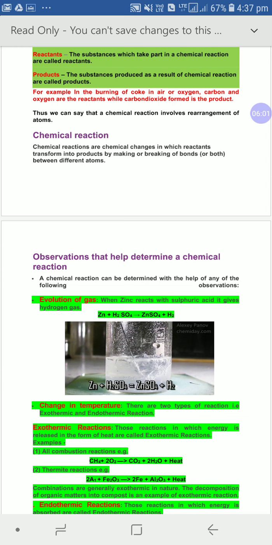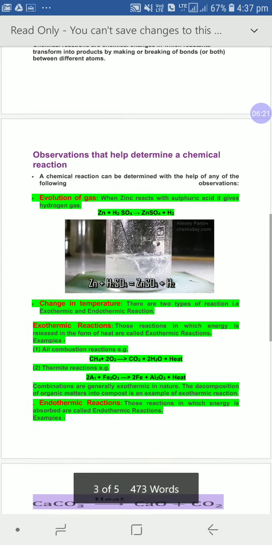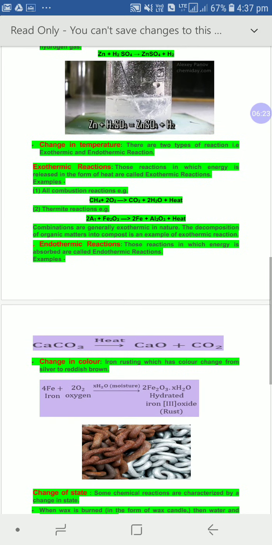On the other hand, we have studied the decomposition reaction. In a decomposition reaction, a single reactant breaks into two or more products, and in this heat is absorbed. So a decomposition reaction is known as an endothermic reaction. Clear? For example, CaCO3, calcium carbonate.